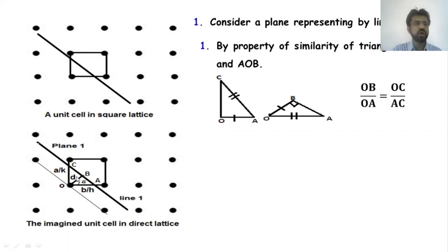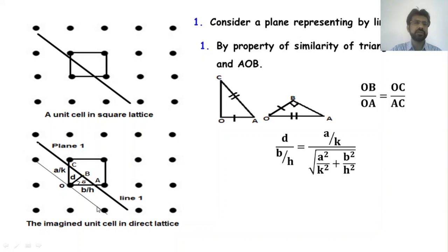Now from the geometry of this figure, we can observe the two triangles AOC and AOB. By the property of similarity of the triangles AOC and AOB, we can write that the ratio OB divided by OA is equal to OC divided by AC.